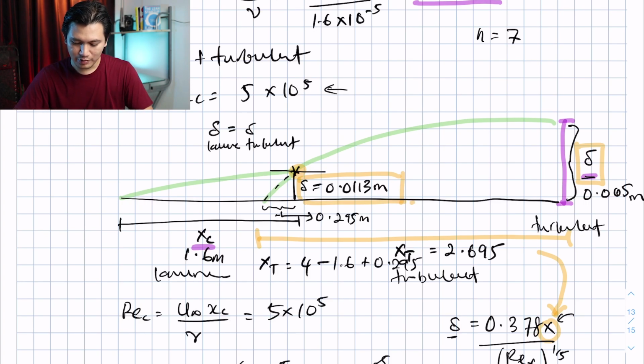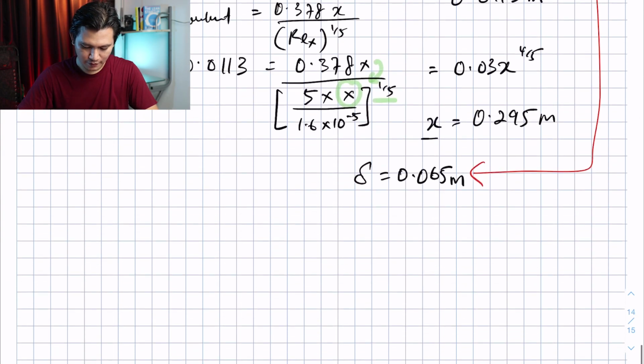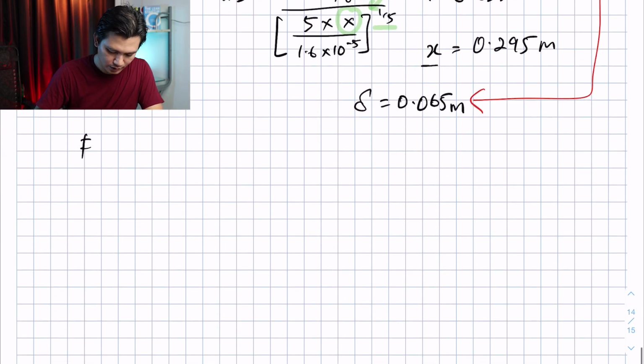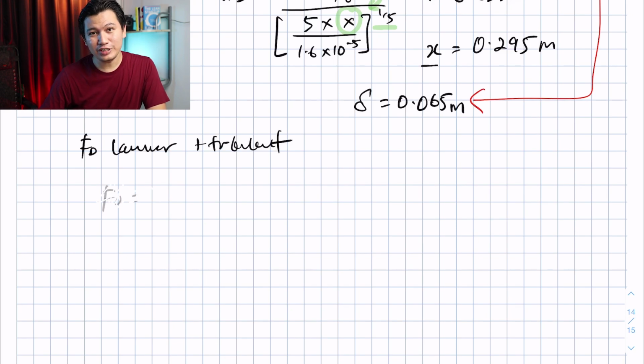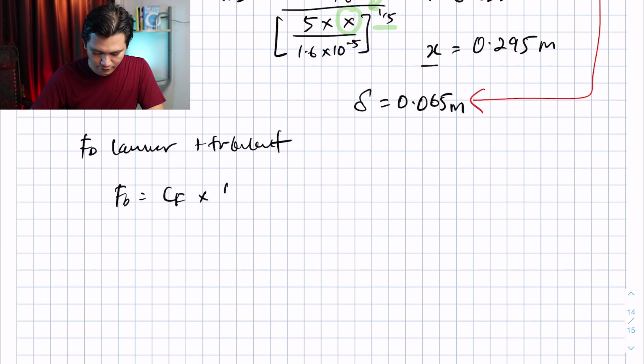And before we compare this with case A, let's just carry on and find what the drag force is for laminar plus turbulent. So from the equation, we already know that FD is equal to CF times half rho U infinity square LW.